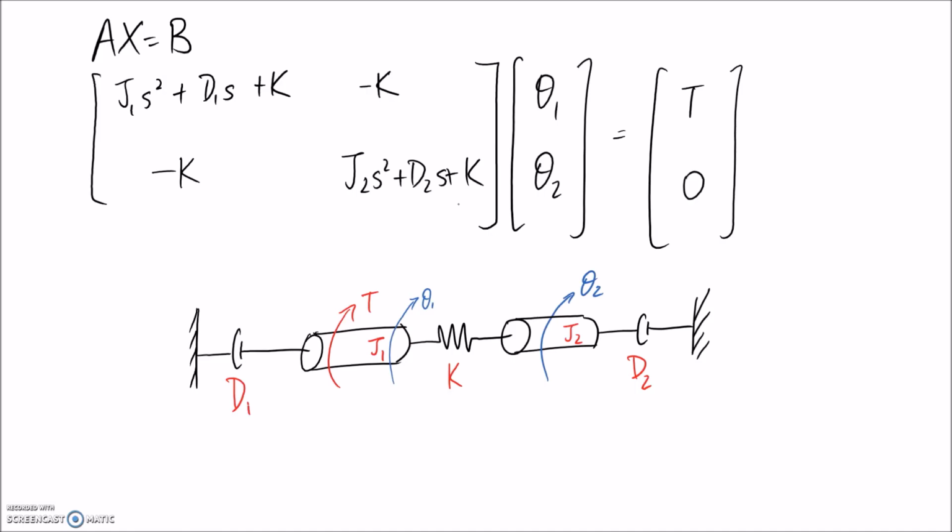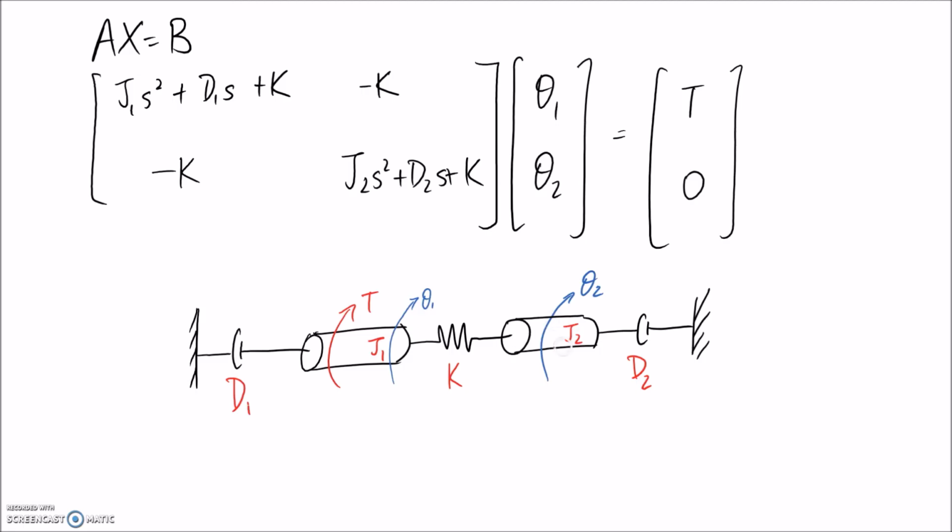So what that relates to is if we take this first one, for example, this was the one related to J1 inside our free body diagram. And what you'll notice is that you pick up the positive of everything attached to that part of the shaft. So you've got the actual inertia itself, which is this J1s squared, but you also pick up that it was attached directly to a damper, so that appears, and it was attached directly to the spring, so that appears.